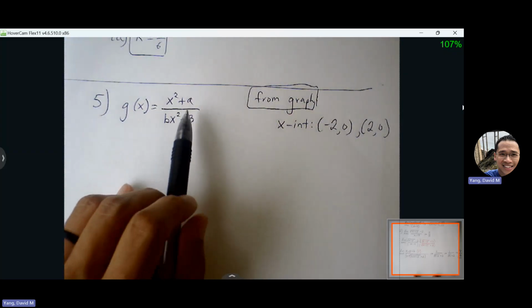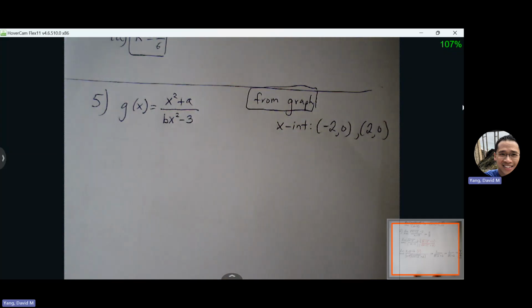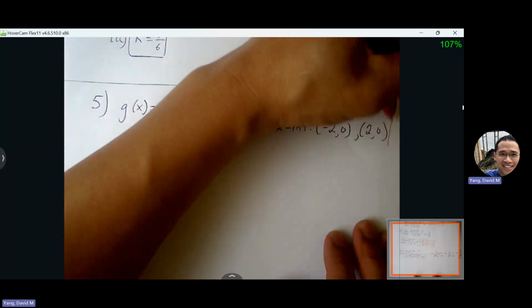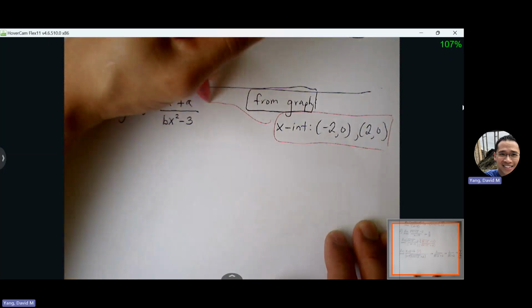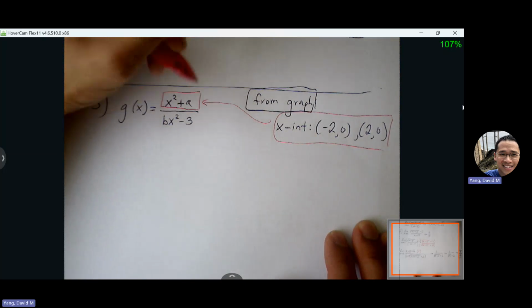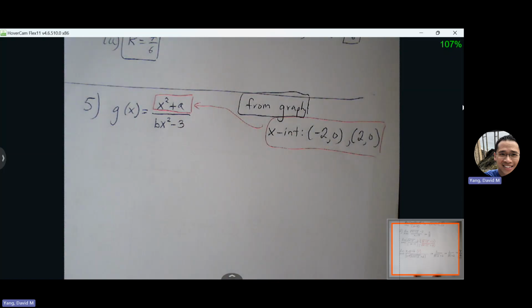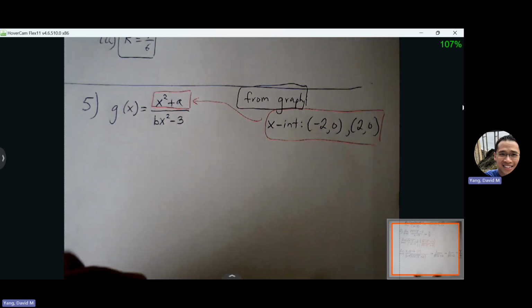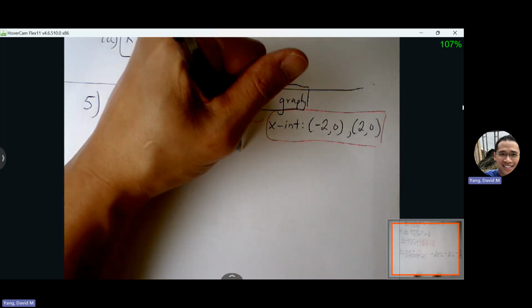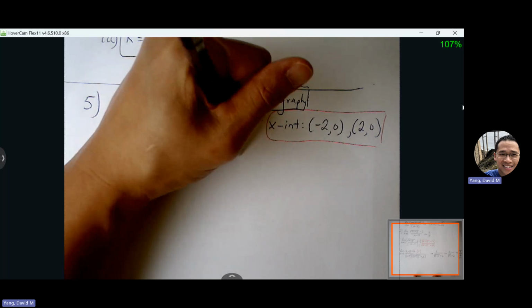And algebraically, we know that x-intercepts come from the numerator, right? We can set the numerator equal to 0 and that will give us information about x-intercept. And that will help give us some way of figuring out what that a value can be. Another set of information that is helpful is we see vertical asymptotes as well, right?